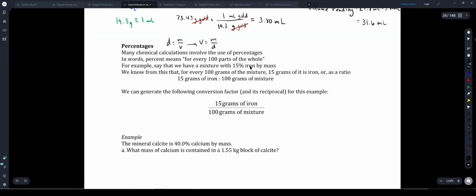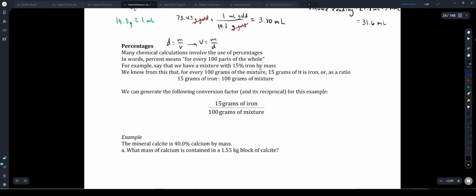Whenever you've got a word following it, you know that that's the part. What is the whole? What word in this sentence is the whole? Mixture. The mixture, good. So there's 15 parts of iron for every 100 parts of mixture.